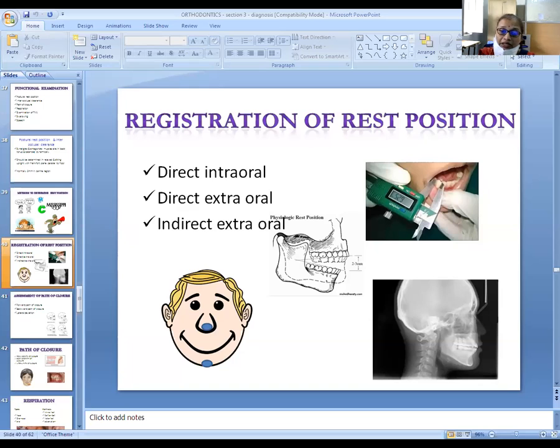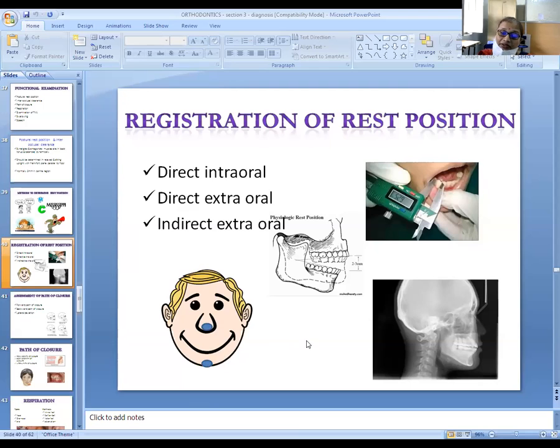If this is the direct intraoral method, what is the direct extraoral method? You mark a point on the tip of the nose and a point on the chin, and measure the distance between these two points.